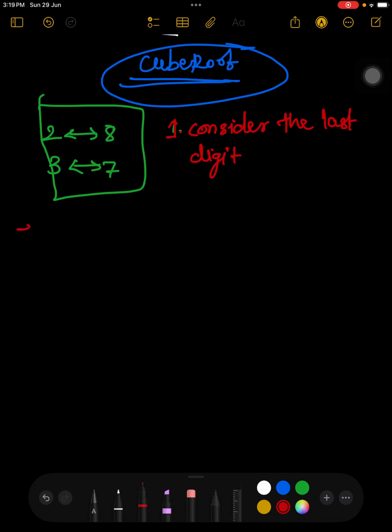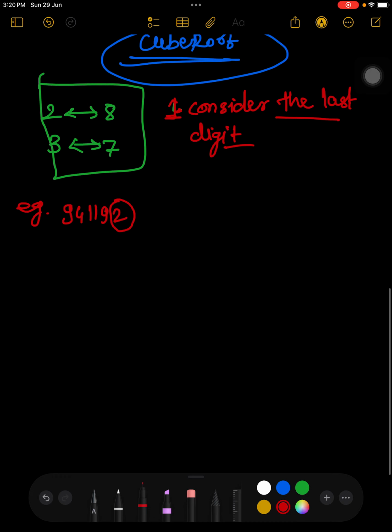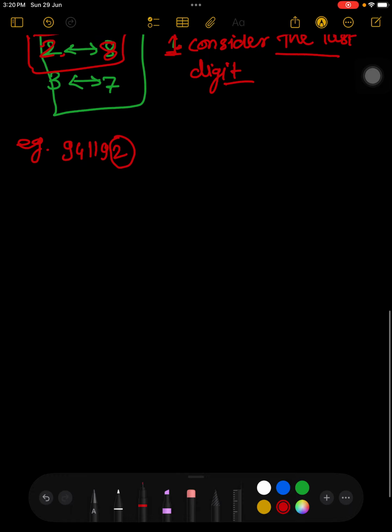Let's take an example: 941192. Our first step is to consider the last digit. What is the last digit? It is 2. And as we already saw, the pair of 2 is 8, right? This we have to keep in mind. So just take the pair of 2 as 8.